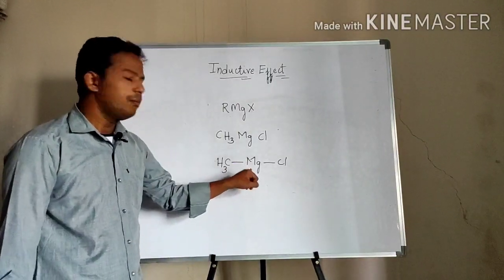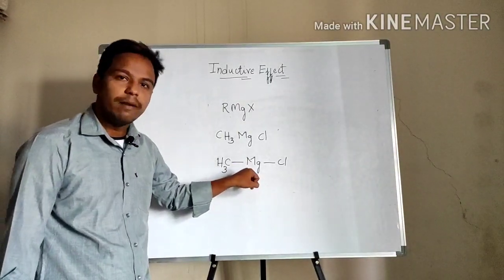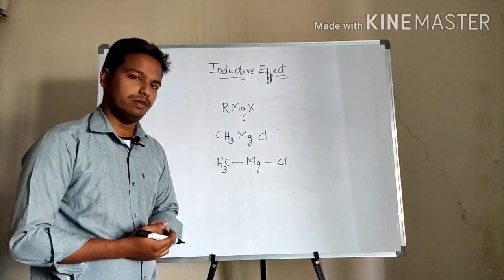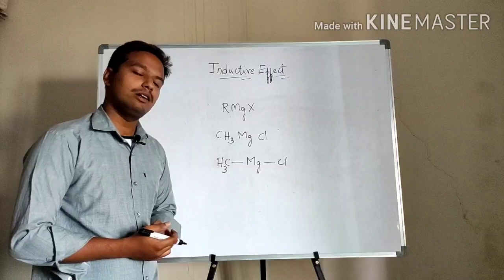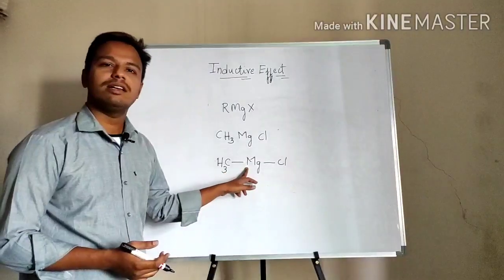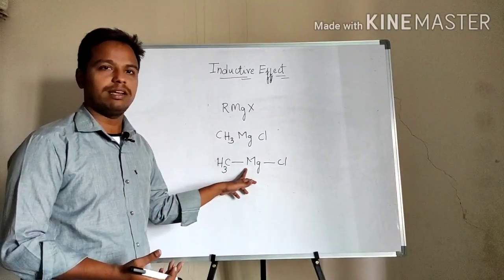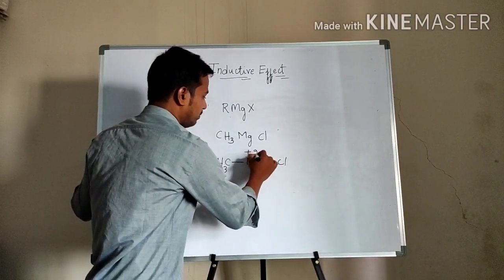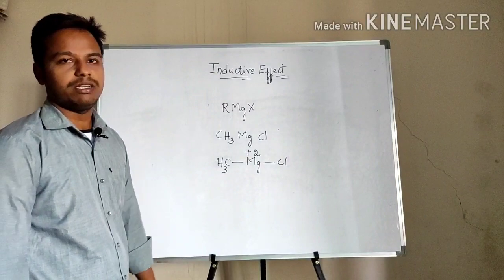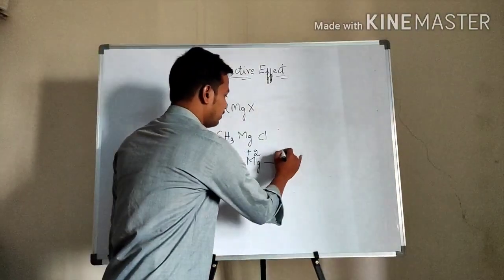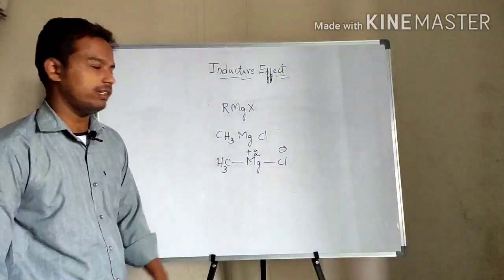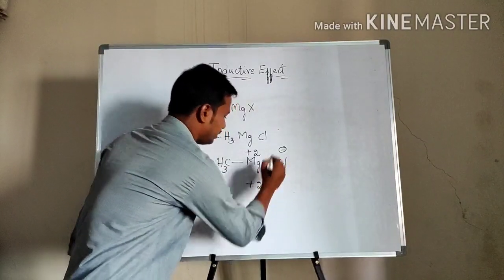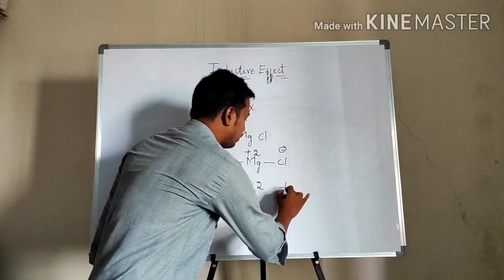Magnesium is a metal, and metals have an electropositive nature, which means they are ready to donate electrons. Here the formal charge of magnesium is +2, whereas for chlorine it is minus 1.